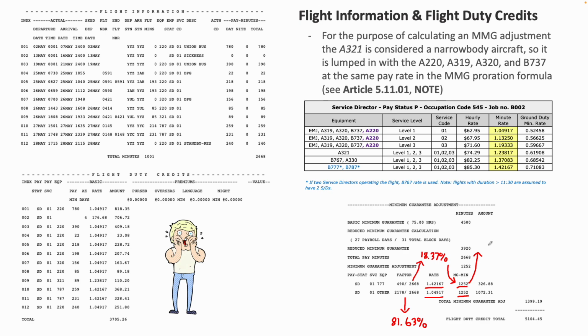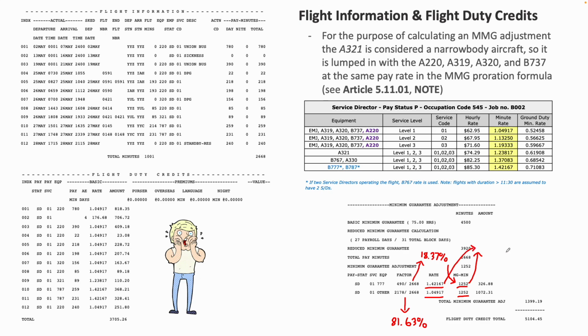And then the last step is we take that number and we multiply that by $1.42167 per minute for that. So we take that as well.